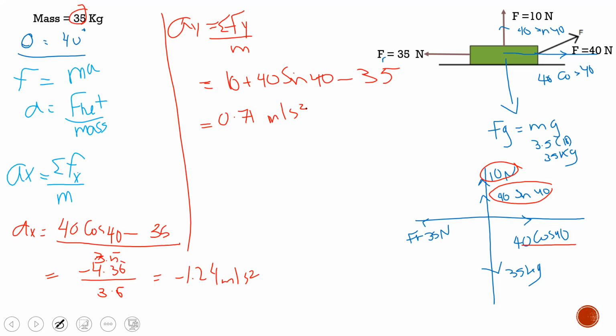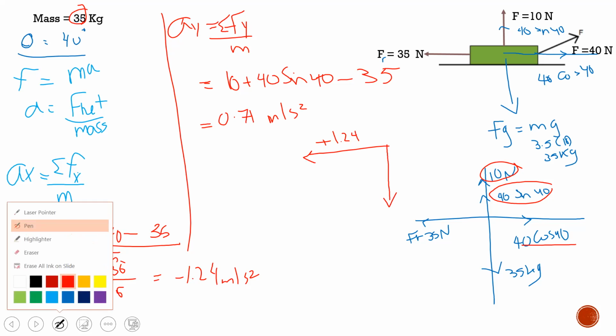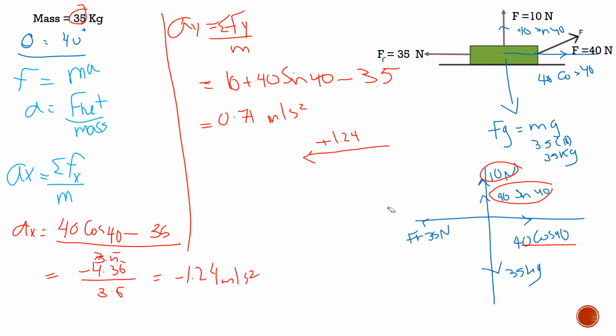So I found A sub x on the negative x-axis, and I have 0.71 meter per second squared upward.